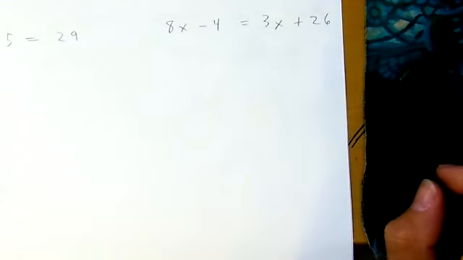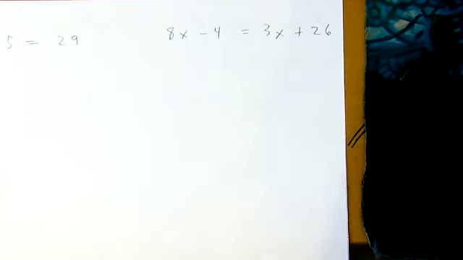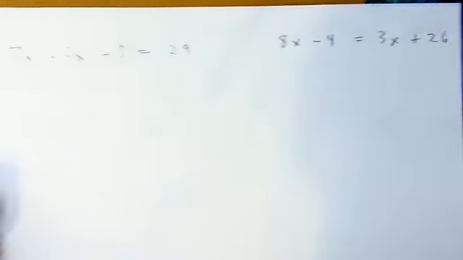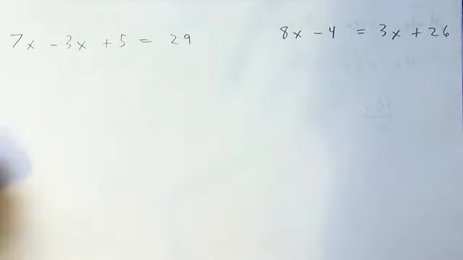Eight x minus 4 equals 3x plus 26. So pause your video and do both of those. Even if you're not sure, just go ahead and try them. It's better to try them and get them wrong than it is to just sit there and wait.